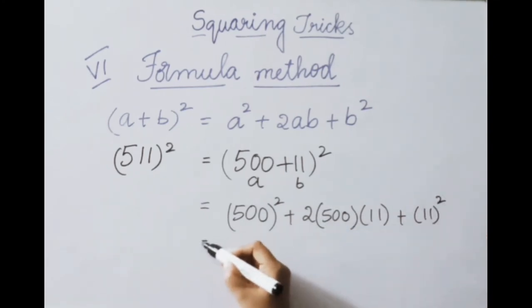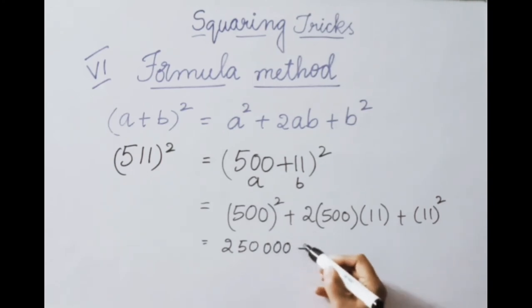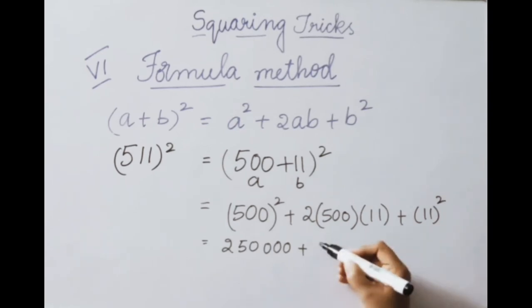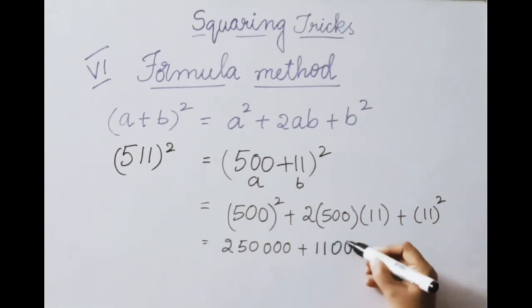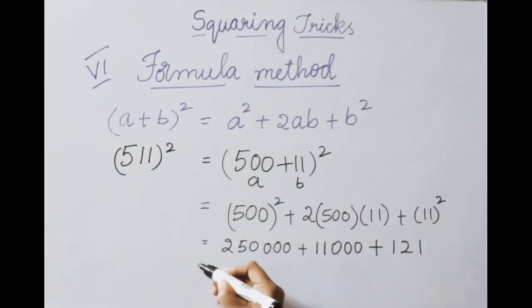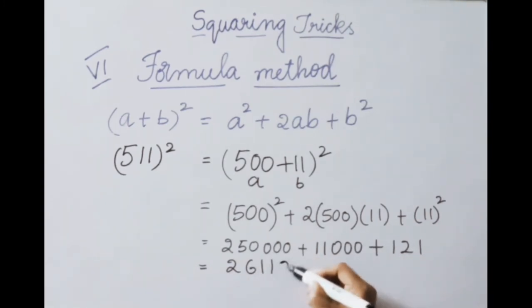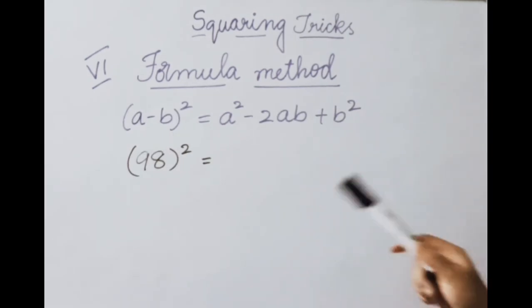So 500 square means 2,50,000 plus 2 into 500, 1000. 1000 11s are 11,000 plus 11 square means 121. Now we must add all these values. 2,50,000 plus 11,000, that is 2,61,121 is the answer.